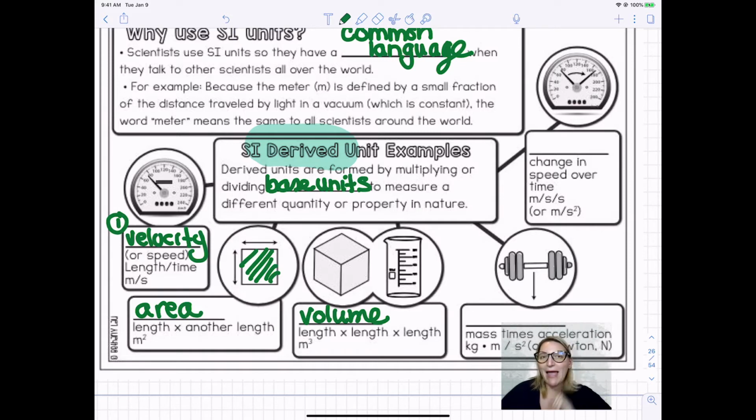When we take mass and then multiply it by the acceleration, usually the acceleration due to the gravity that we experience here on Earth, this might be force or weight. And a change in speed over time is, of course, how fast you are accelerating. So this is acceleration.